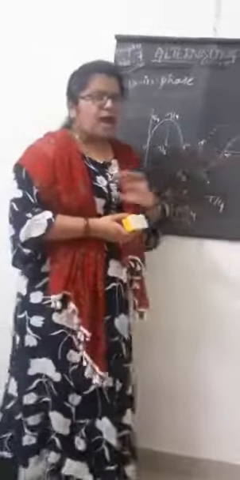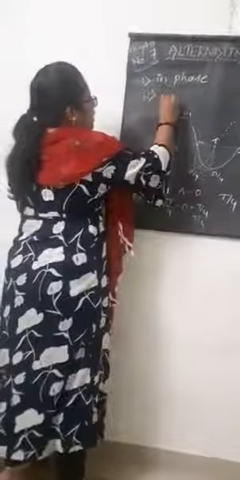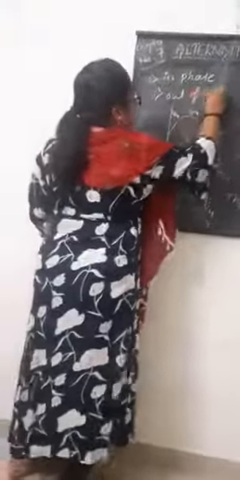Means both the alternating quantities V and I are not in the same phase and they are out of phase. What are such things called? They are called out of phase.